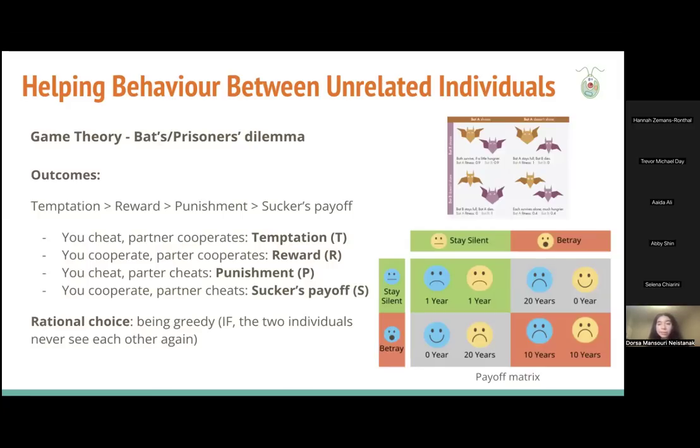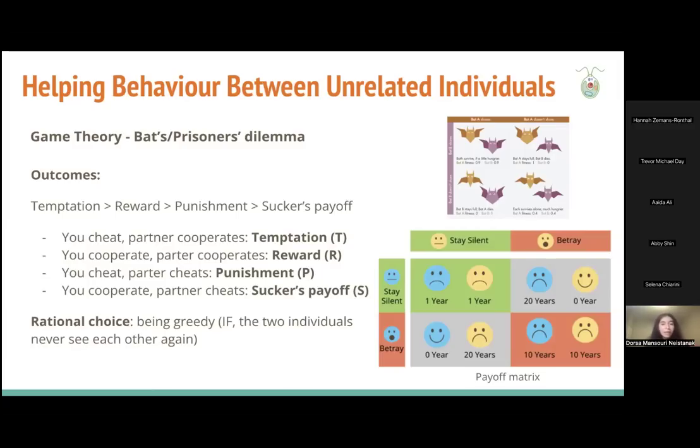And these are all possible on this payoff matrix depending on what each individual does, whether they cheat or cooperate. If you play this game once, or if in a social interaction the two individuals are never going to see each other again, the rational choice is to be greedy, to cheat, because regardless of what the other person does, you will get the better outcome.